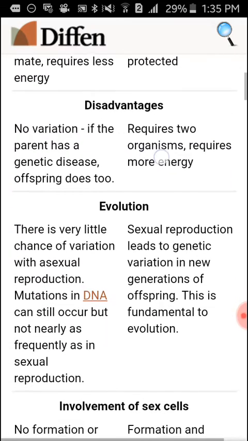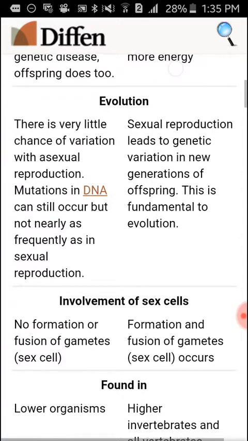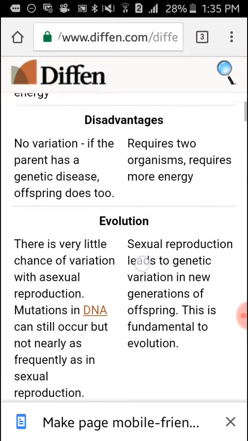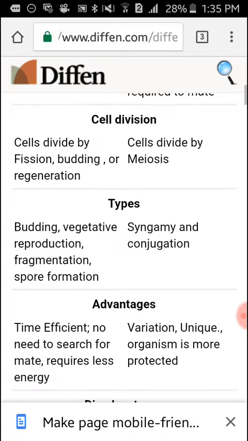Okay, so the disadvantage here for asexual reproduction is that there is no variation. If the parent has a genetic disease, the offspring does too. It requires two organisms and more energy. It takes more energy to have kids, I guess. That's what they're saying. Instead of just doing an artificial insemination or something.